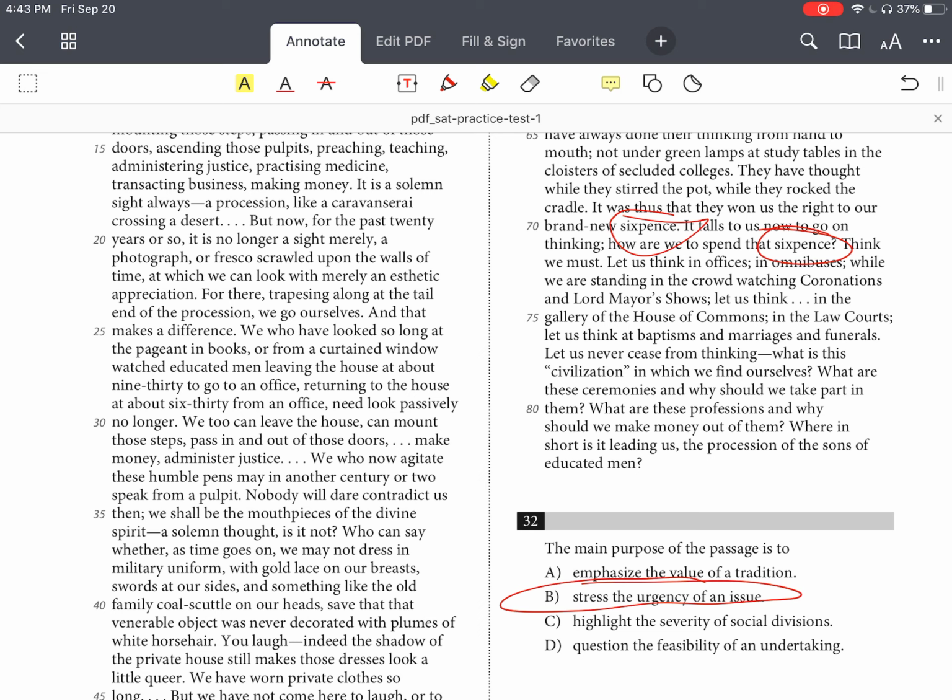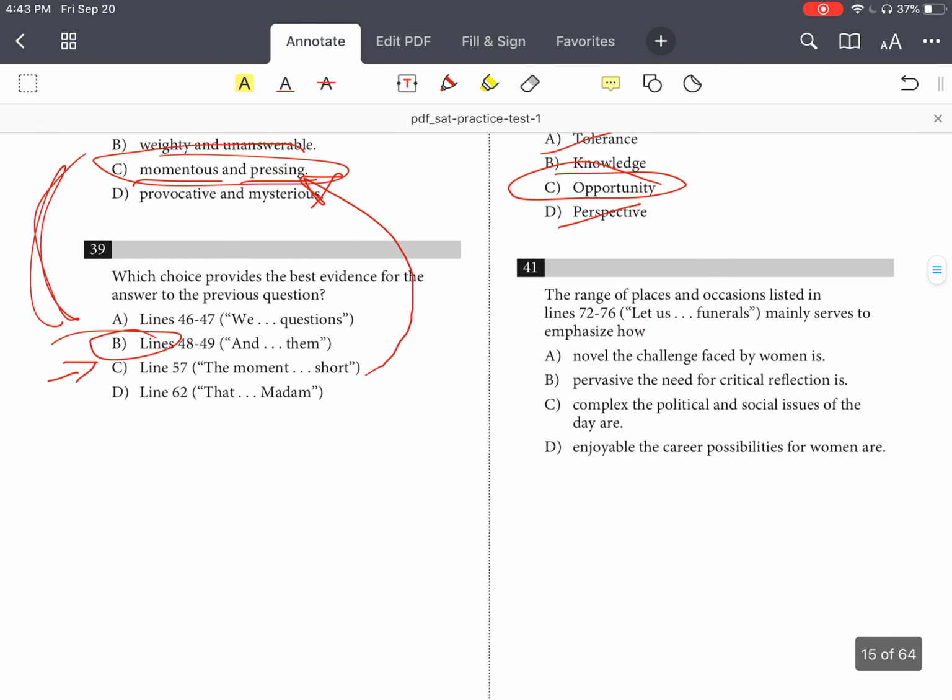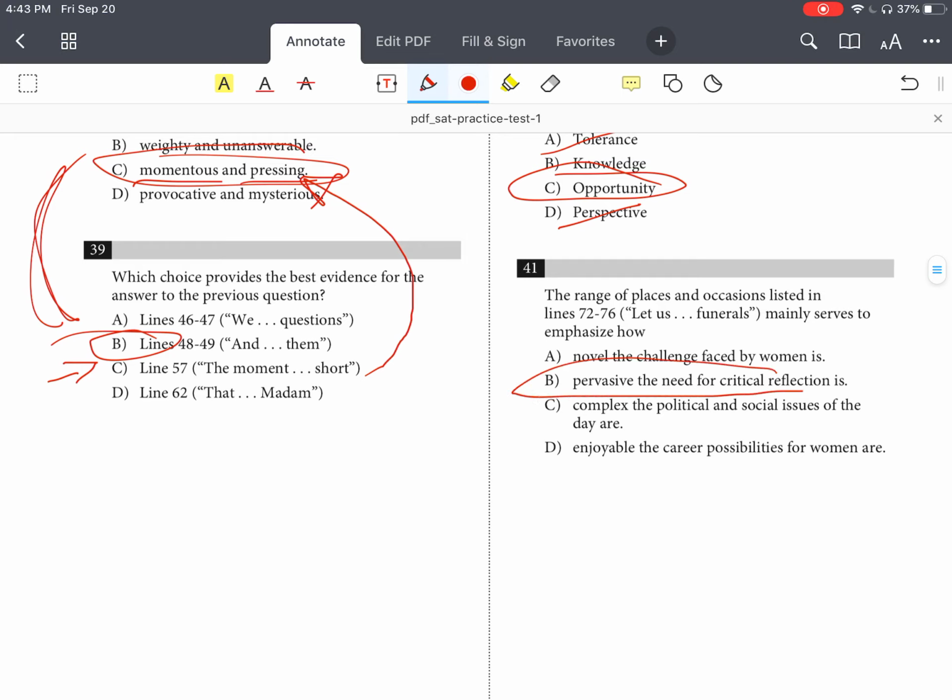So she lists a number of locations: coronations, shows, House of Commons, law courts, baptisms, marriages, funerals. That variety of places communicates how pervasive the need of critical reflection is, how ever present it is. And so this question is essentially a vocab question, testing if students know what the word pervasive means.